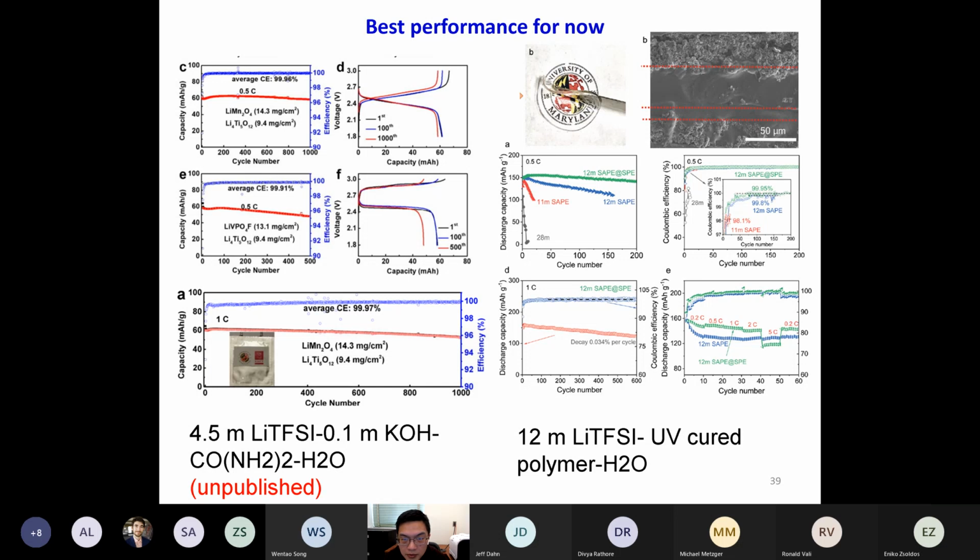So unless we can find another way to extend the stability window with a much lower salt concentration, or even use a much cheaper salt, I don't think it will open up any kind of big market for this kind of aqueous batteries.